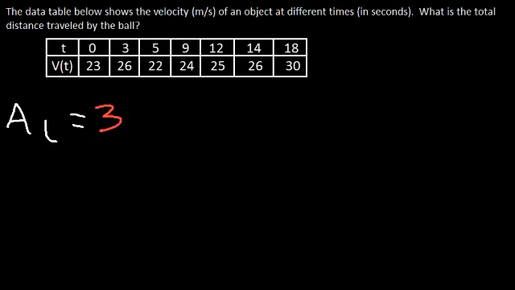Now, if we're using the left Riemann sum, should we use the 23 or the 26? So you want to use the y value on the left side. That is 23. Now for the next rectangle, between 3 and 5, the width is 2. So between those two y values, we're going to choose the point on the left, which is 26.